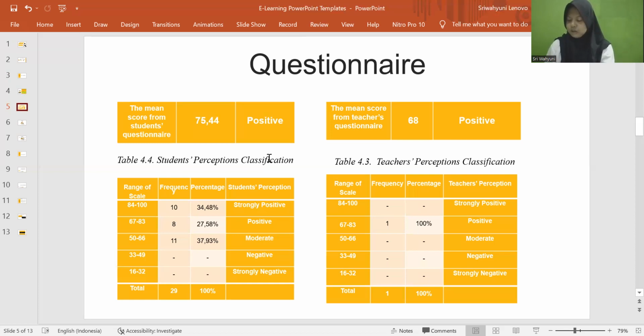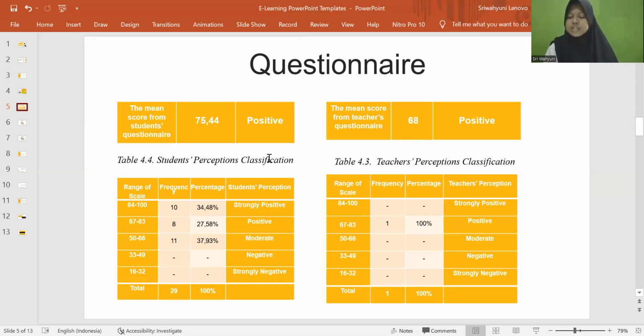And Table 4.4, students' perceptions classification, shows that 34.48% of our students have a strongly positive perception, 27.58% of the students have a positive perception, and 37.93% of the students have a moderate perception of the use of code mixing in teaching English.